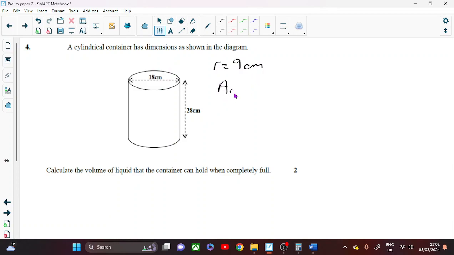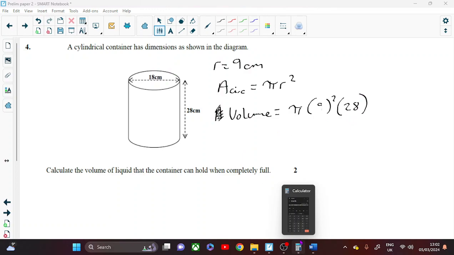The area of the circle, I'm not writing the whole thing, is pi r squared. So the area of the cylinder, the volume, sorry, is going to be pi 9 squared times the height of 28.